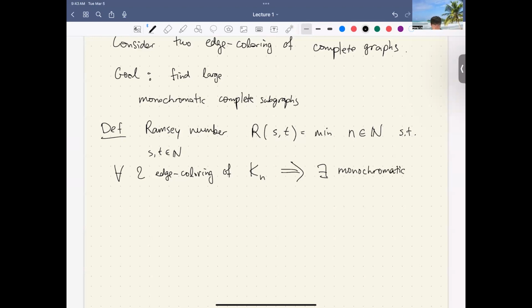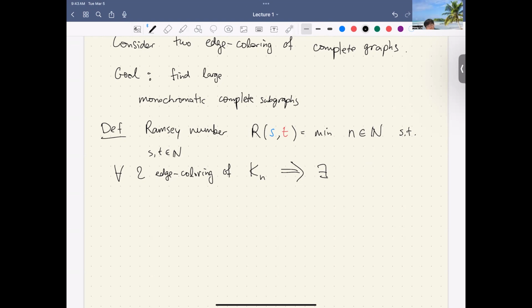Monochromatic. No, sorry. I didn't write the symmetric version. So, R(s,t), let me distinguish the color.